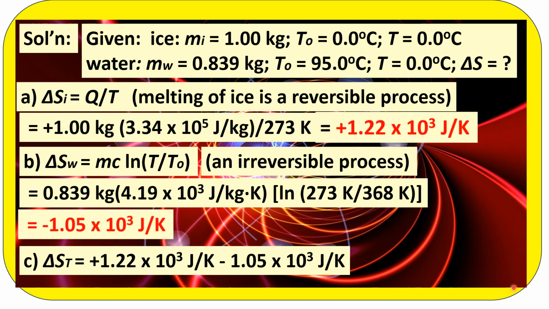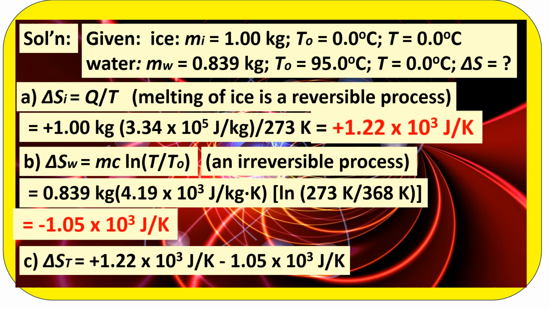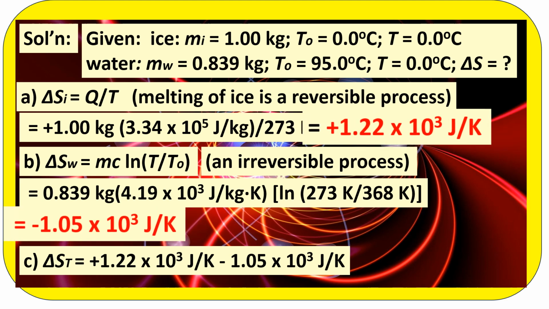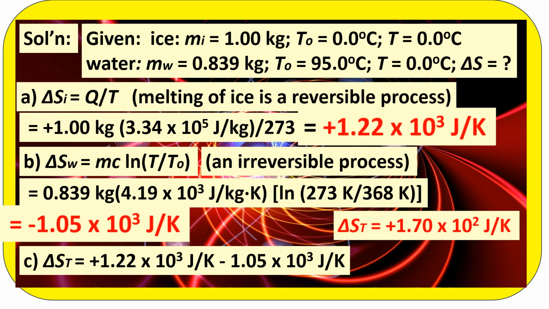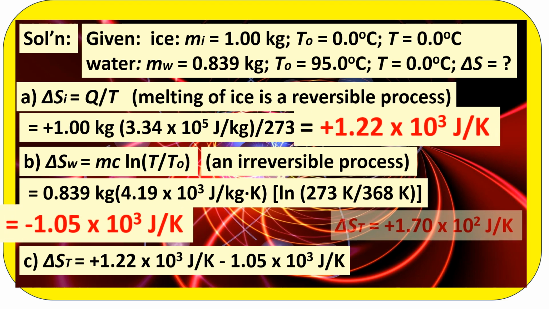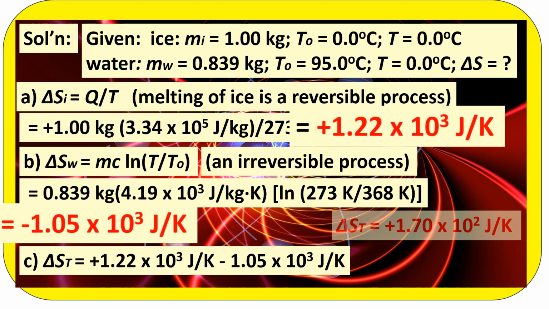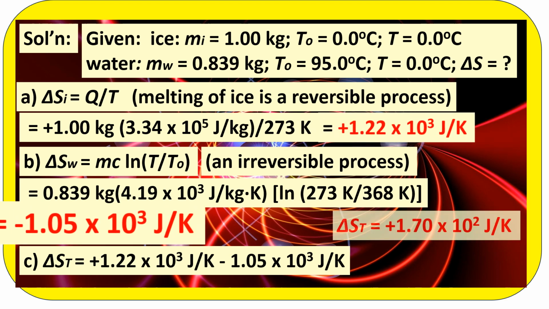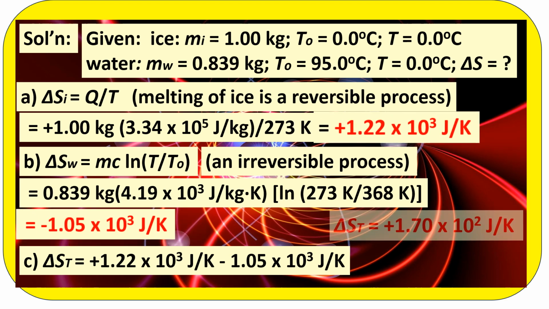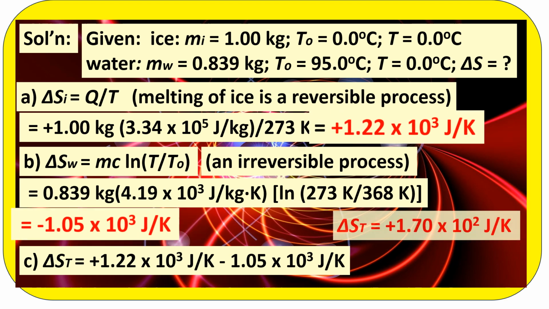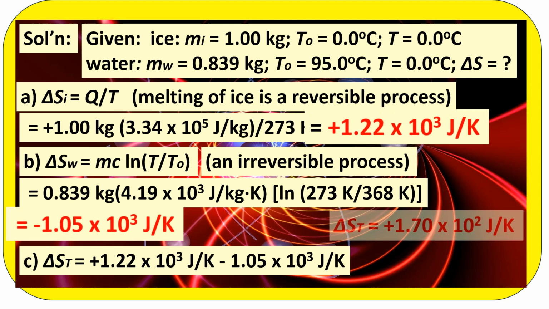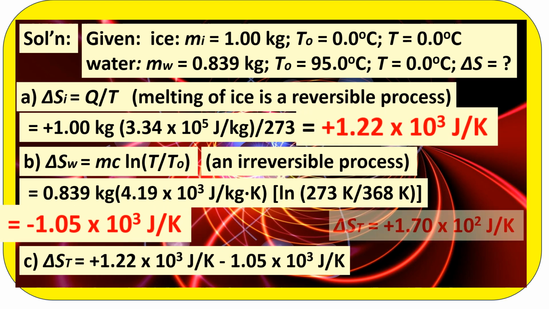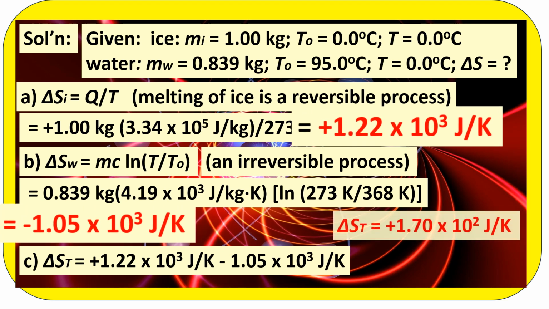So we get the net change in entropy, the system consisting of the ice and the water, equal to positive 1.70 times 10 to the second power joules per Kelvin. So for the combined system, the ice and the water, we say that the change in entropy is positive.